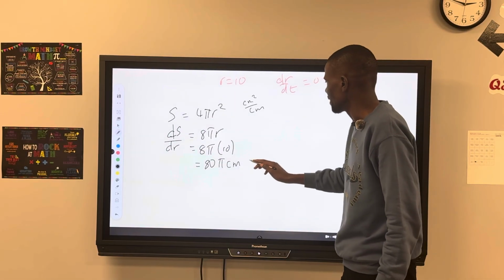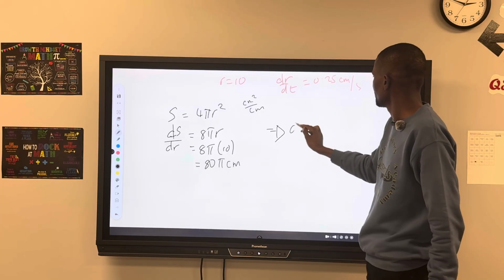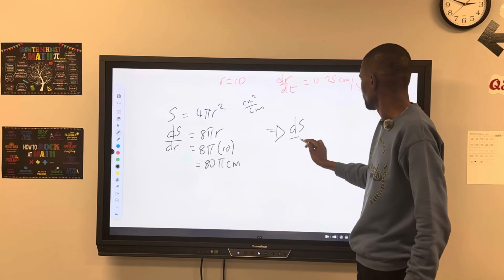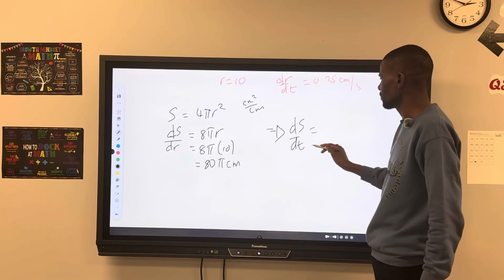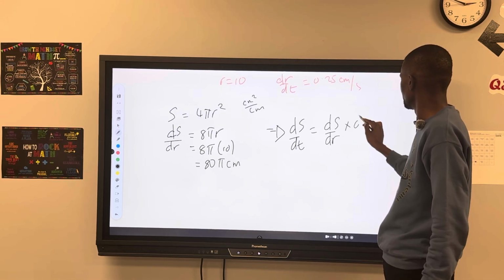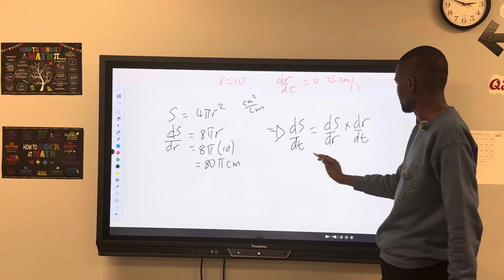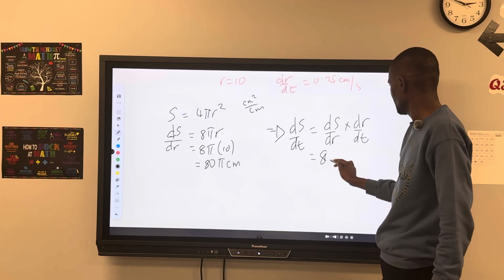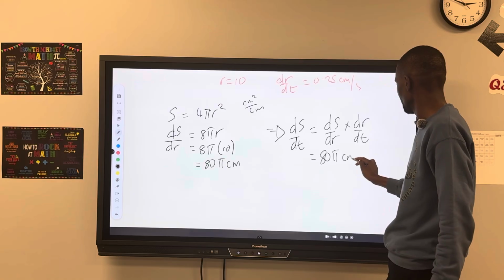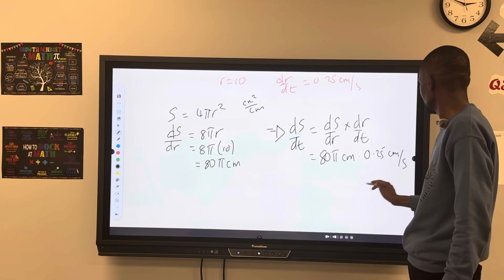Now, let's see how we get our dS with respect to time. It is dS/dr times dr/dt, because when these r's cancel out, we remain with dS/dt. So it's now 80 pi centimeters times 0.25 centimeters per second.